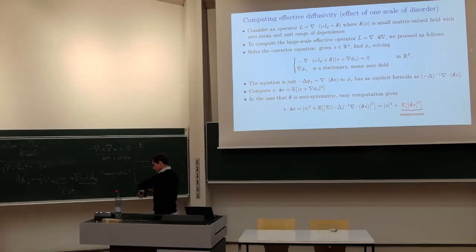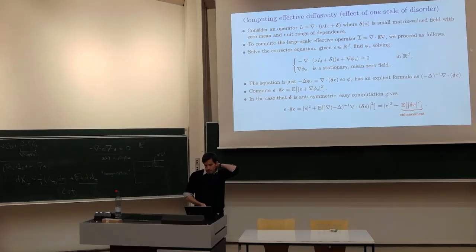Let me show you, let me see, so I'm going to run out of time pretty soon. Let me try to show you what happens in this particular problem, okay?